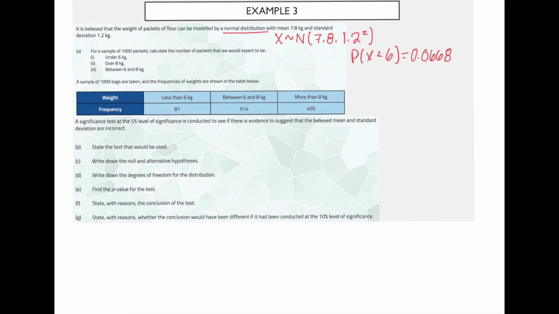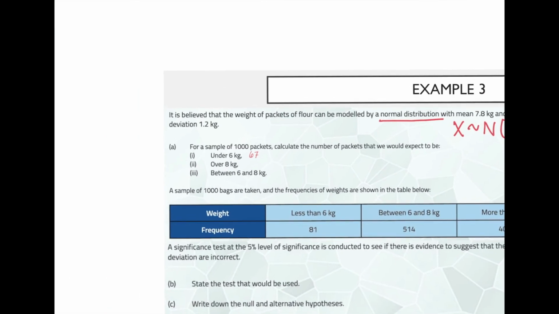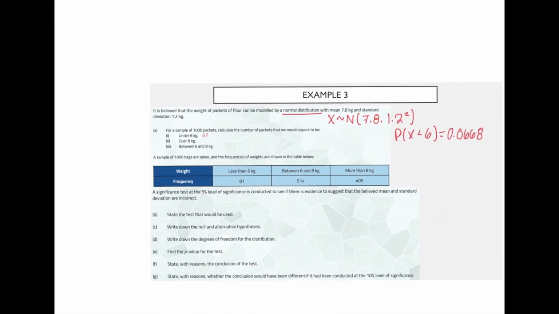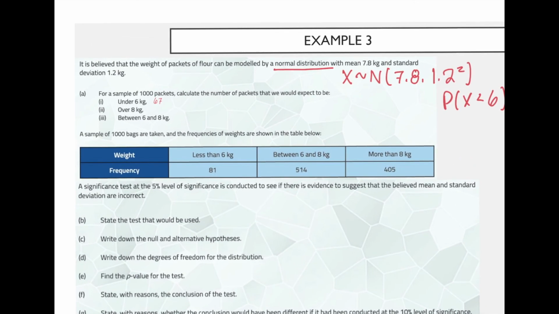And since we have 1,000 packets, how many do we expect to be under 6? That's just our probability times 1,000. So we are expecting 67 if we round to the whole digit.